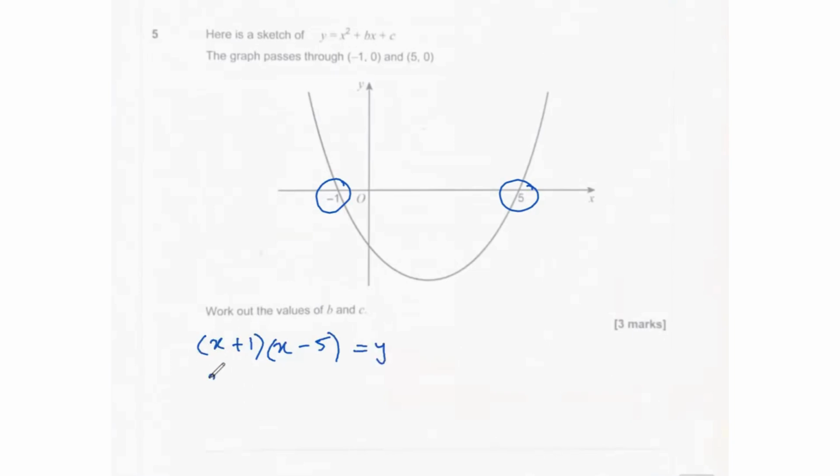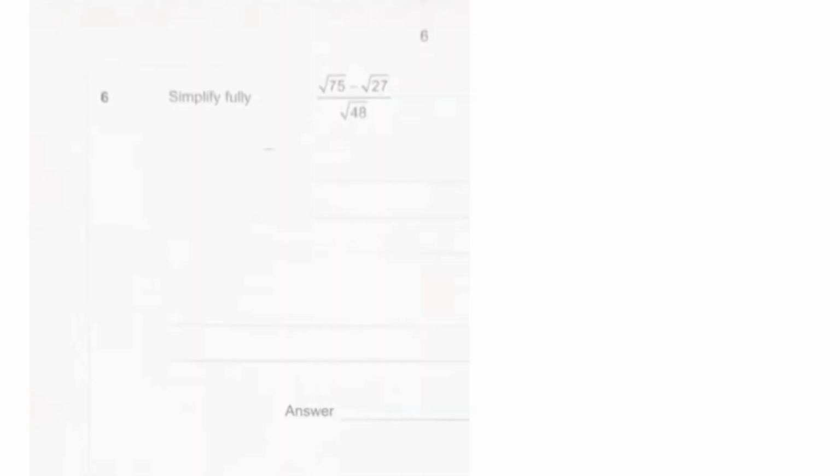So expand the brackets: x squared minus 5x plus x minus 5. Collect the like terms: x squared minus 4x minus 5 equals y. So we can see that b is -4 and c is -5. These are your answers.